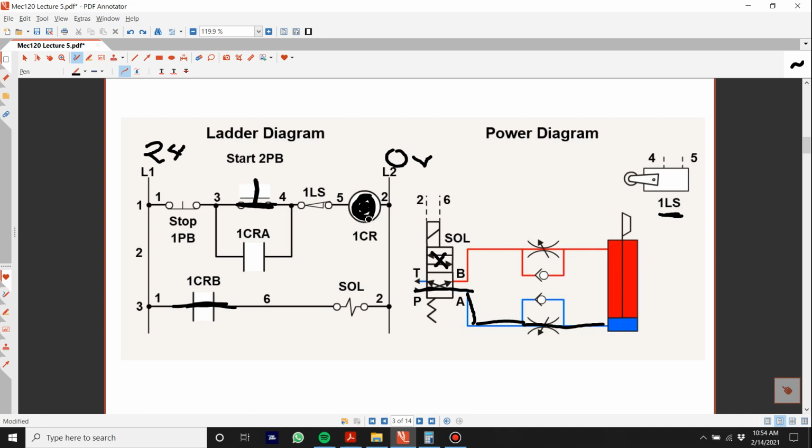So this is what's happening here. This is just it. We press the start button, the cylinder comes out, hits the limit switch, and comes back. So this is just a momentary button.